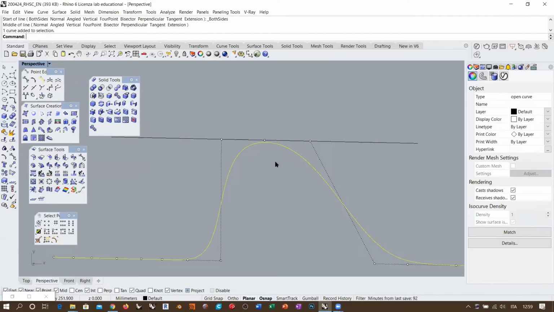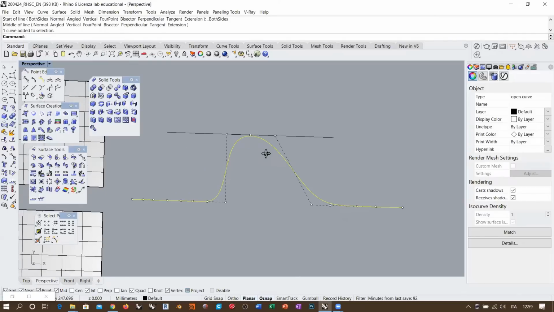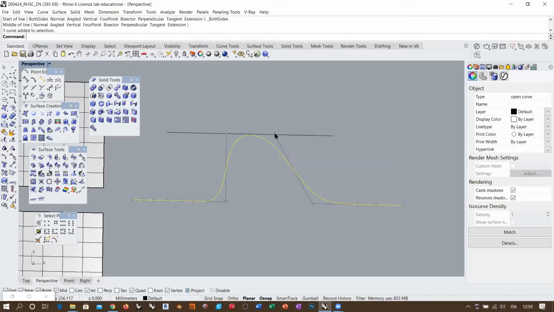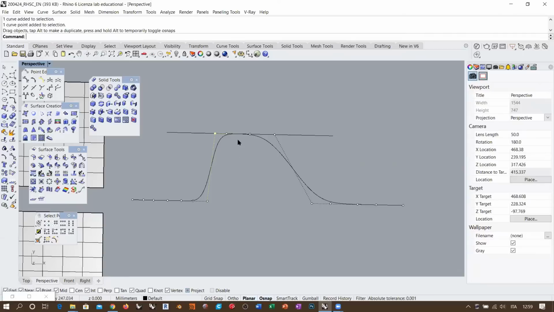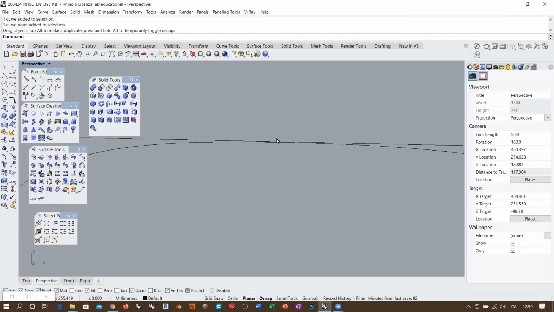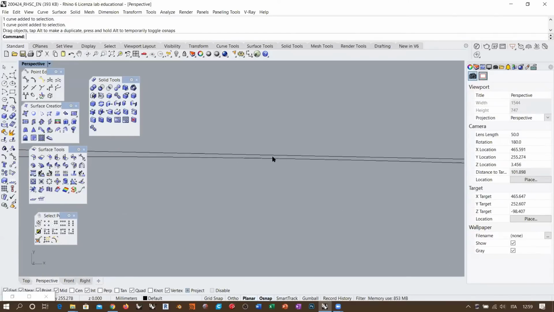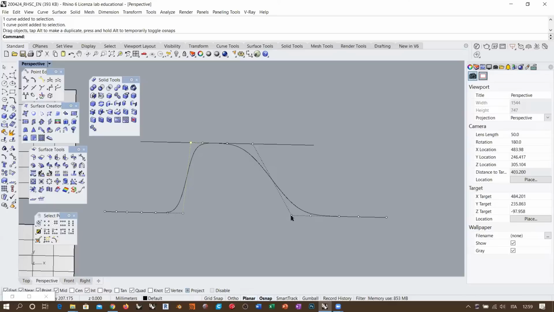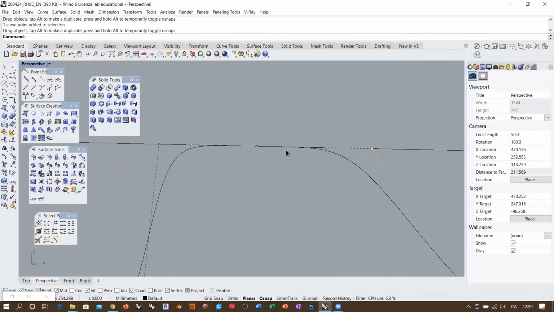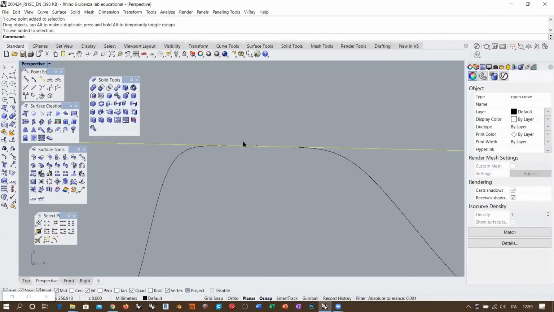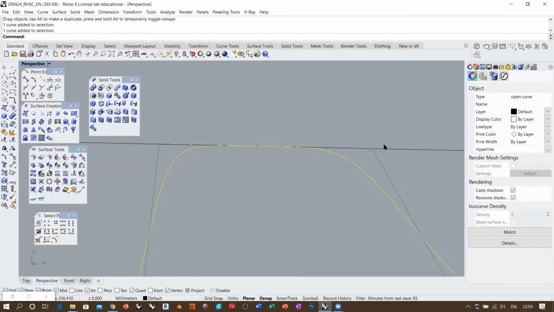This is because if you have a degree 3 curve, it is enough to work with 3 control points and align them along a line to have the curve tangent to that line. But if you work with a degree 5 curve, you need to align 5 control points. And even if you align 4, you will see that there is some very small difference between these 2 lines. But if I take the 5th one, then the curve becomes tangent to the line here, exactly in the knot contained between these 5 control points.